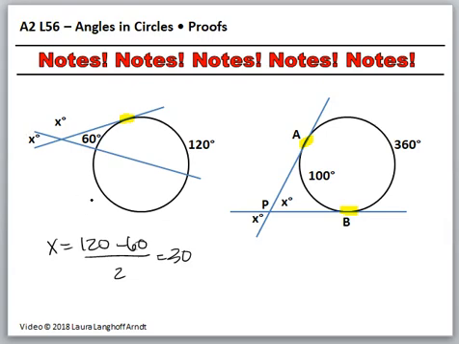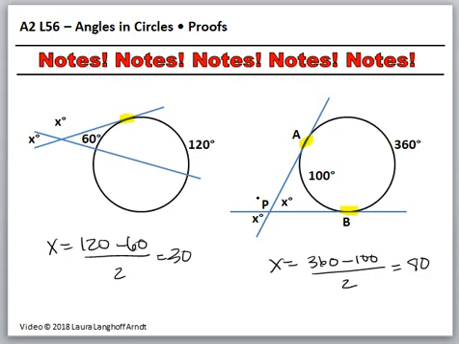The little degree sign is already there. And look at the next one. It's the exact same thing. We're going to have X equals 360 minus 100 divided by 2. So 260 divided by 2 is going to give you 80 degrees.